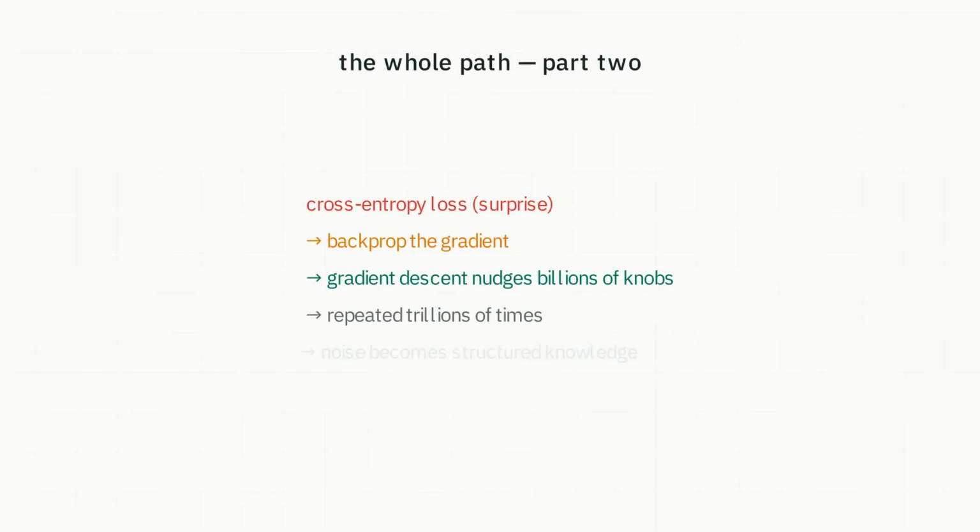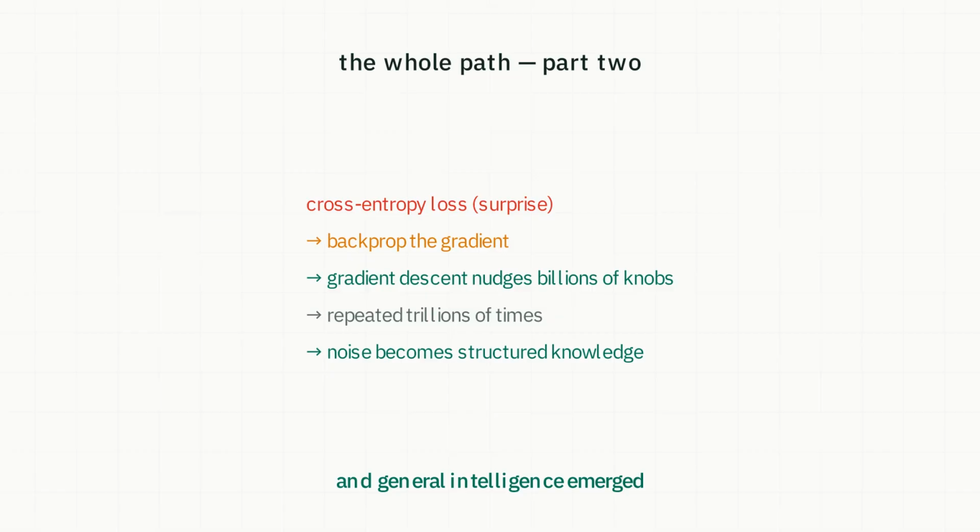We measured its wrongness with the cross-entropy loss, the negative log probability of the true token, its surprise. We used backpropagation to compute the gradient, and gradient descent to nudge billions of parameters a hair downhill. And then we did that not once but trillions of times, a scale so vast it costs a fortune, until a smooth descending loss curve marked the slow transformation of random noise into structured knowledge.